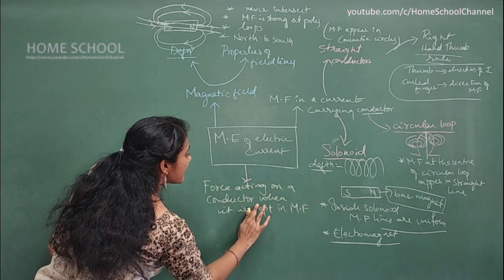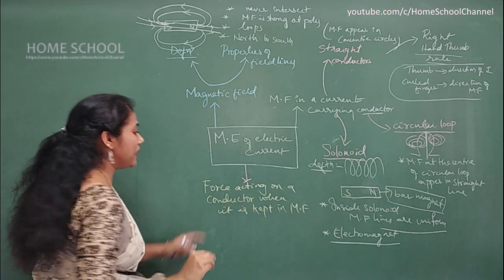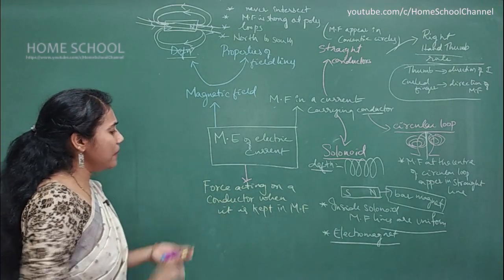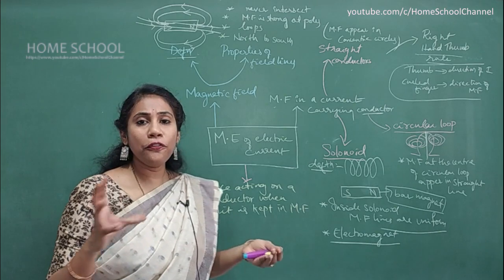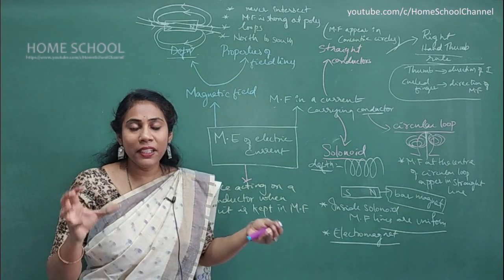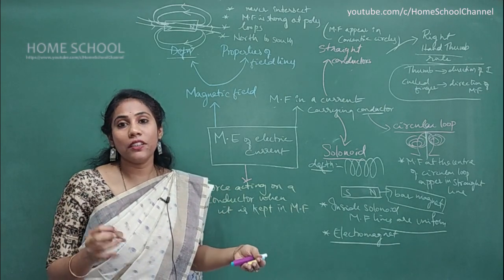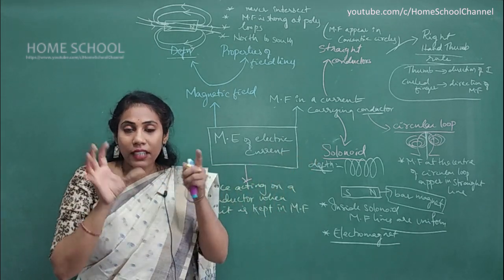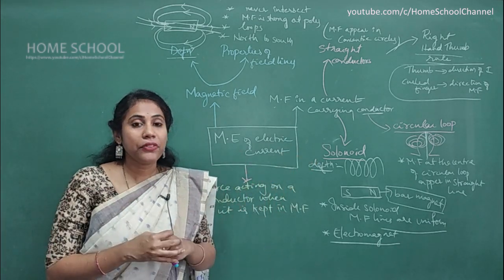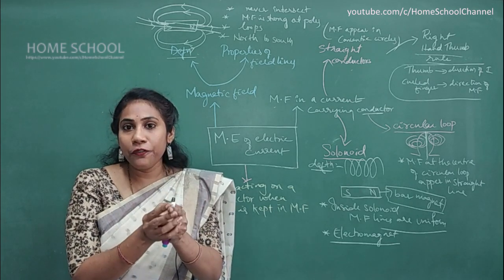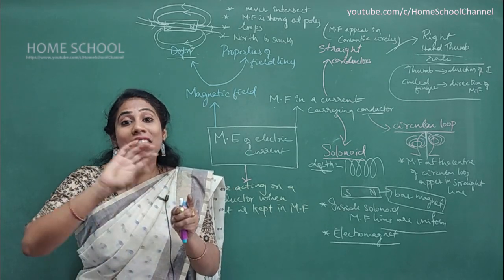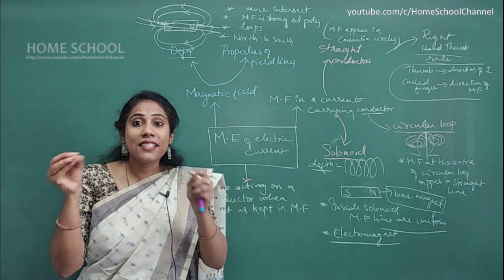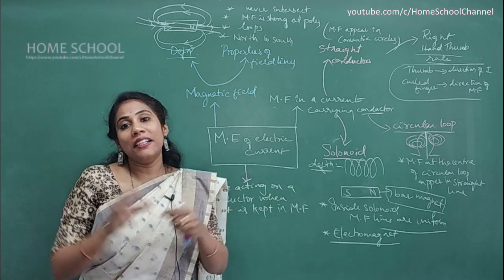Okay, clear? So this is the next part, and as the name suggests, what you study in this particular heading is, whenever a current carrying conductor is kept in a magnetic field, the conductor starts moving. A force is experienced on the conductor that is responsible for the movement of the conductor.